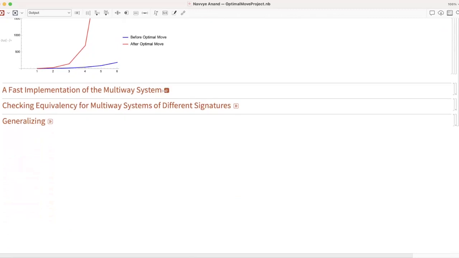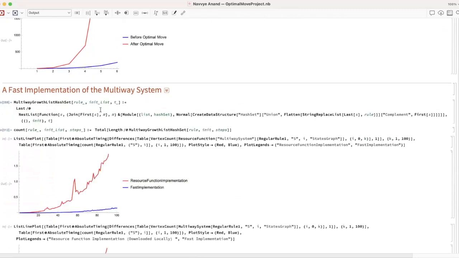Moving on, we now discuss a fast implementation of the multi-way system. Note that this implementation is only relevant for determining what the states are. It doesn't have any fancy functionality, such as determining whether a multi-way system is causal invariant or not, or displaying the states graph of the multi-way system.